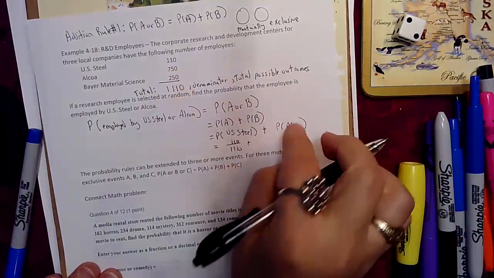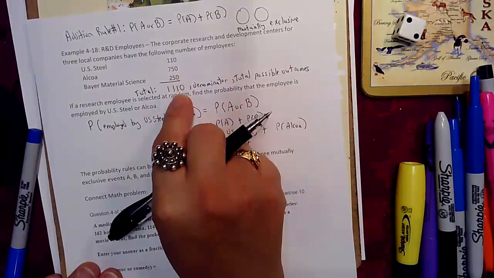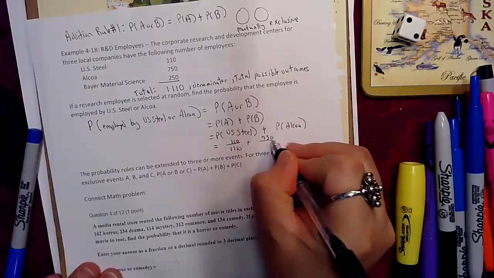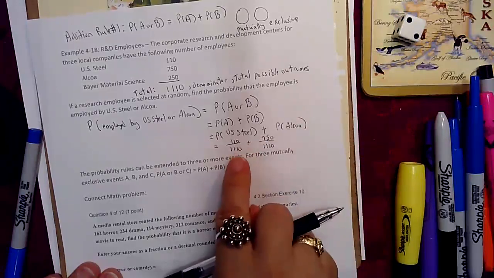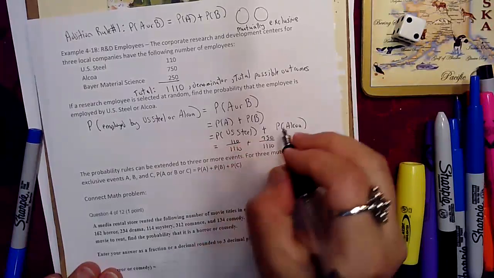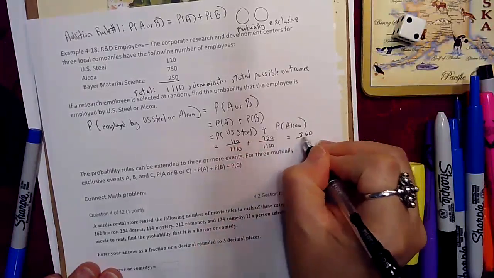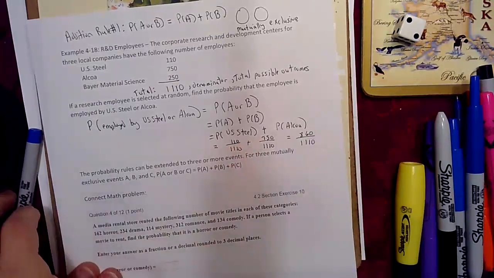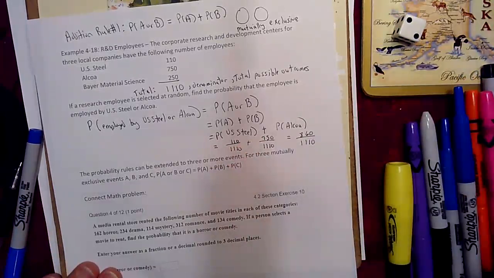And then for the Alcoa, I have 750 over 1,110. And then when I add both of these up, that gives me a total of 860 over 1,110.